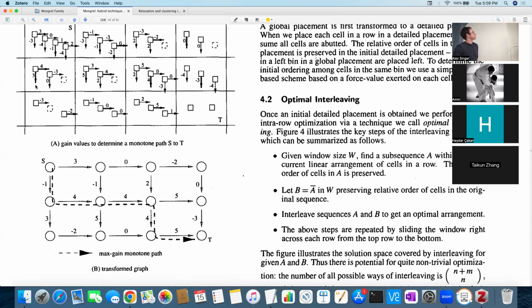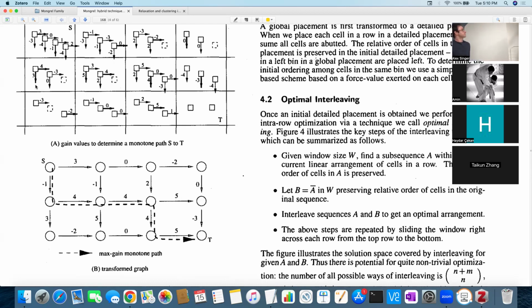If he's got a bunch of things connected over here, then he's got a positive gain. It's going to be good for him to move that way. And if he's got a bunch of things connected down here, he gets a positive gain for moving down. If he's got a bunch of things connected up here, he gets a negative gain for moving down. And all the things that I haven't moved, nothing's changed. All those pre-computed gains are the same.